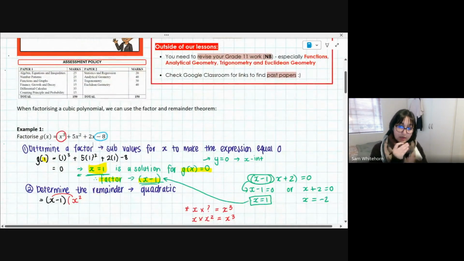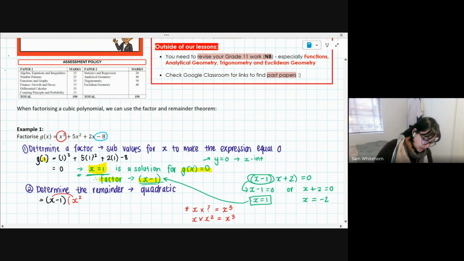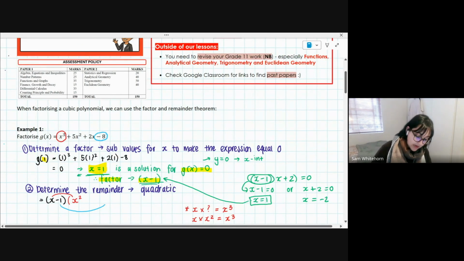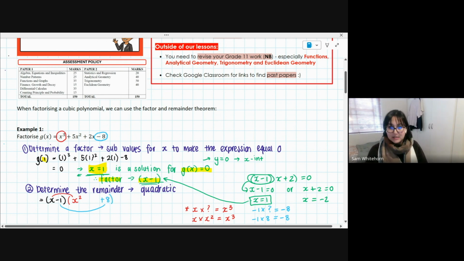So again, we go back to the factor we have, and we ask ourselves, I know I have to get a -8. So -1 times what gives me -8? And we know that -1 times +8 gives me -8. So my constant of my quadratic must be +8.